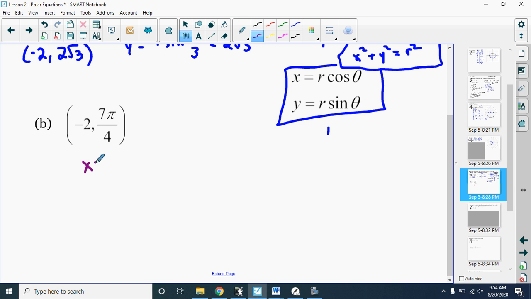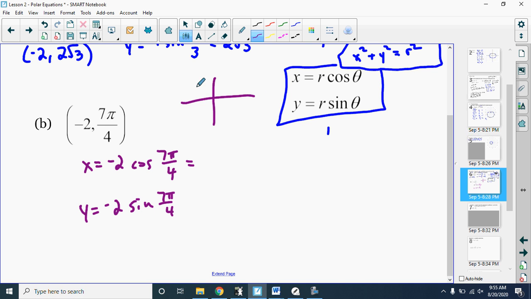Welcome back. X equals r cosine theta. Y is r sine theta. Cosine of 7 pi over 4. 7 pi over 4 is this one right here. So that cosine, it's over 4, so it's root 2 over 2.